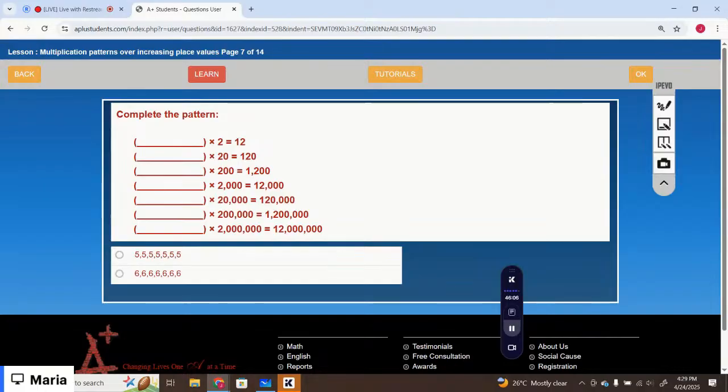Complete the pattern, which is the correct option? Option number 2 is the correct option. 6 times 2 is 12. 6 times 20 is 120. 6 times 200 is 1,200, and so on.